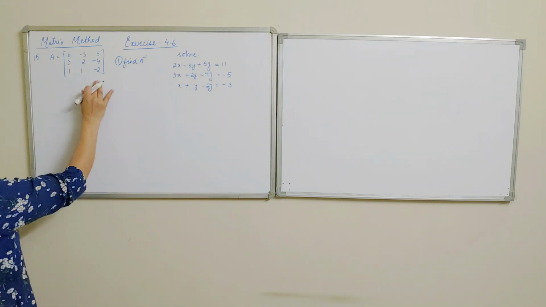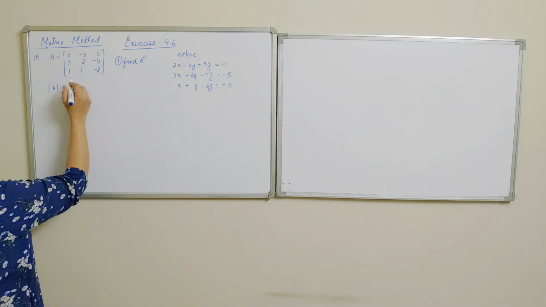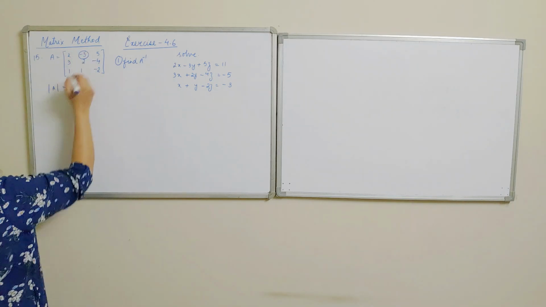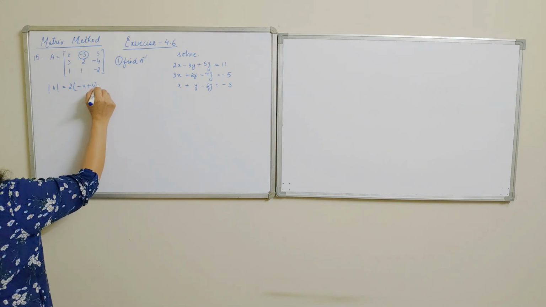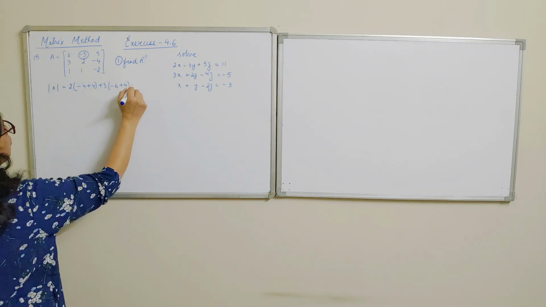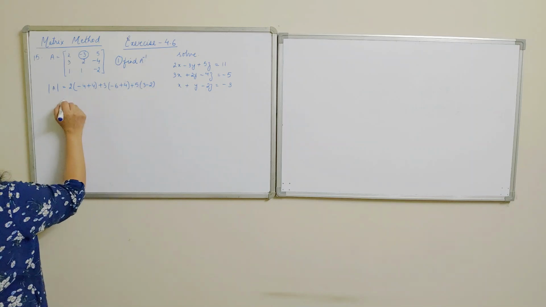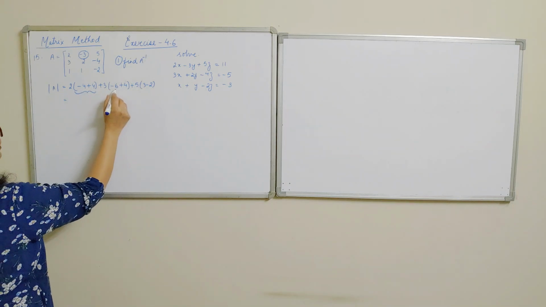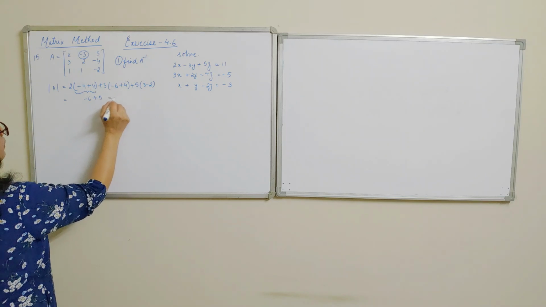Okay. So to find A inverse, let us first find the determinant, expanding once again along the first row. So 2 into minus 4 plus 4, plus 3 into minus 6 plus 4, plus 5 into 3 minus 2. So this is 0 minus 2 minus 6 plus 5.